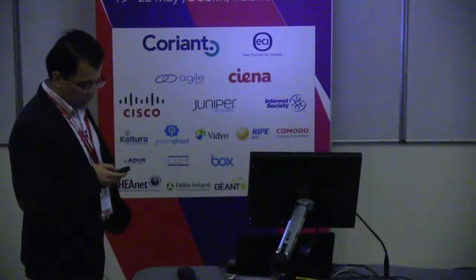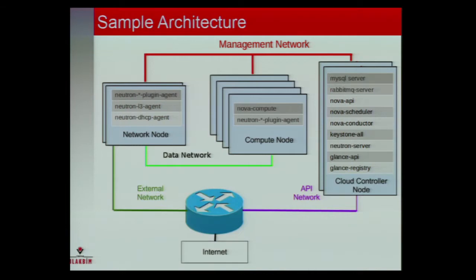This is the sample architecture for OpenStack. You can implement all these nodes on a single node, or you can use at least 3 different nodes, and you can scale horizontally by adding more compute nodes to your infrastructure. These services are running on the controller nodes, and you can query them via the API network from the internet, or the management network from internal nodes.